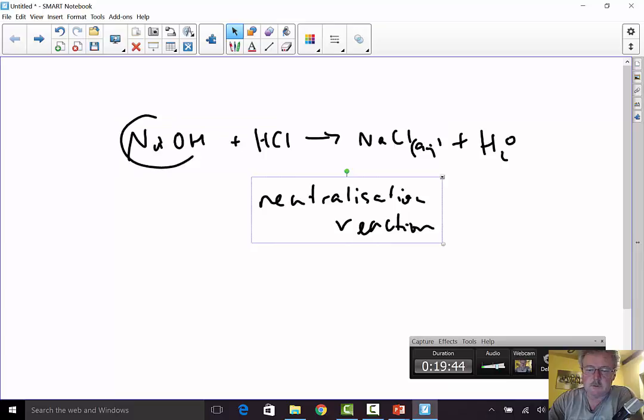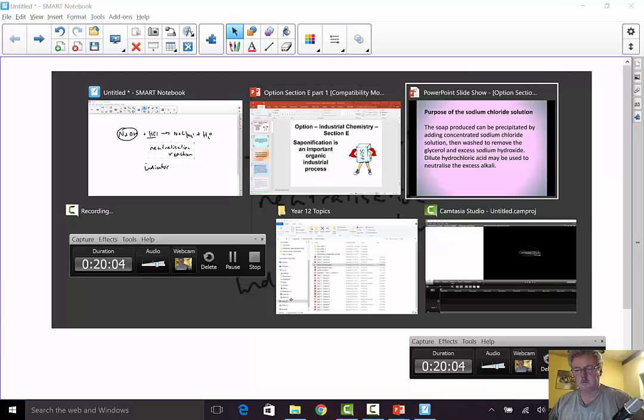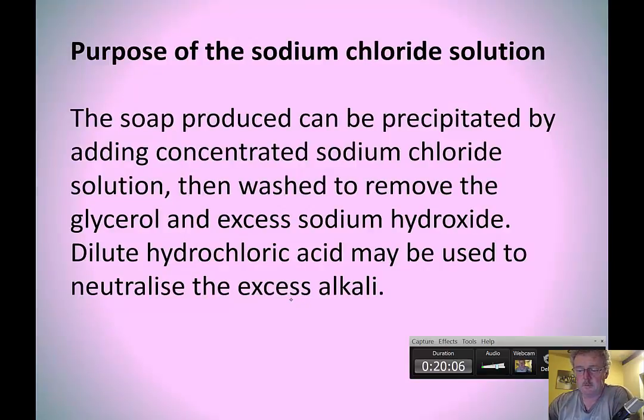And that's to get rid of this excess sodium hydroxide. You need the same amount, or be able to work out when it's neutralized, all of it, with an indicator. Okay, so our soap's produced by precipitating that salt of the sodium with our fatty acid.